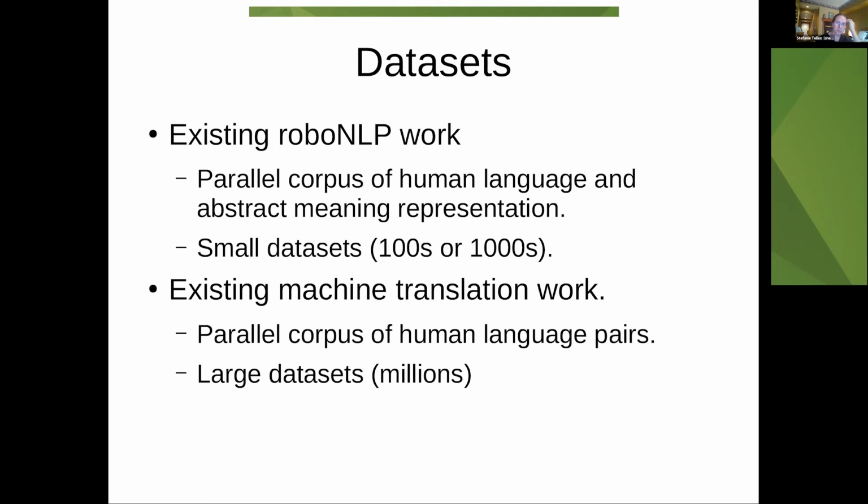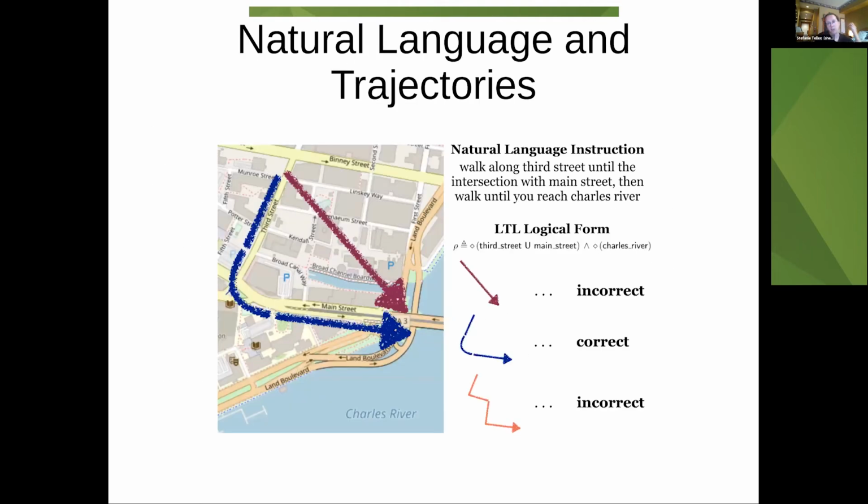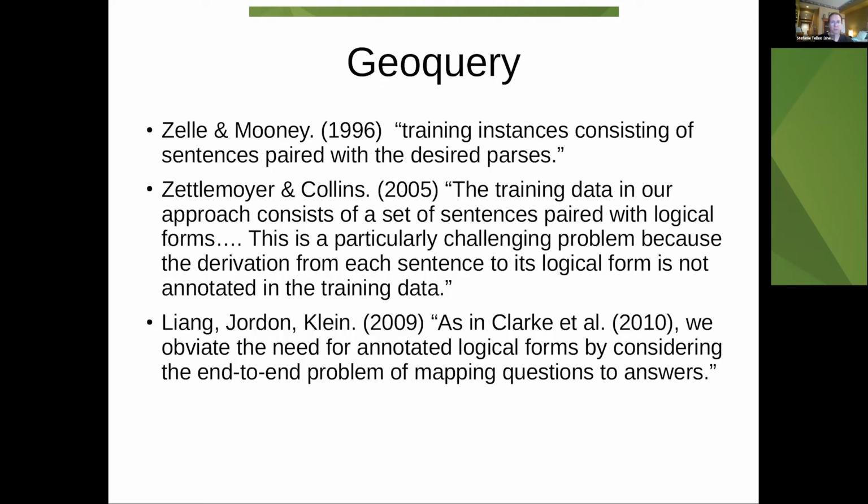So to address this problem, we decided to take as our model the NLP community, looking at one particular sequence of papers using a data set called GeoQuery. This is a data set of English questions paired with Prolog database queries, like the English sentence, what states border Texas?